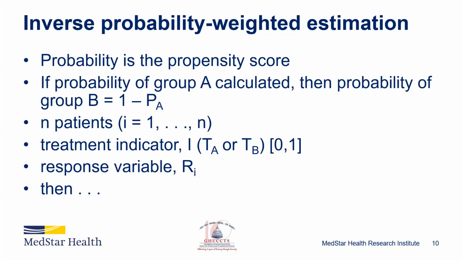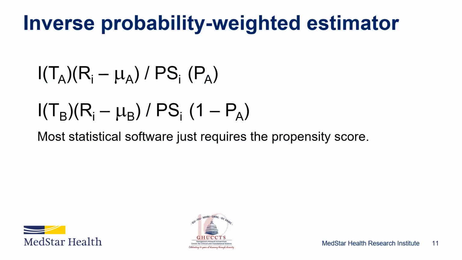So we have our 2 probabilities: the probability of being in group A, and the probability of being in group B, which is 1 minus the probability of A. We have our sample size of n, a certain number of patients, and the treatment indicator of whether they're in group A or group B. And then we have some response variable we'll just call R. Then the inverse weighting estimator is, for each group, the response minus the mean of the response in that group, divided by the propensity score of that group, being either the probability of being in group A or the probability of being in group B.